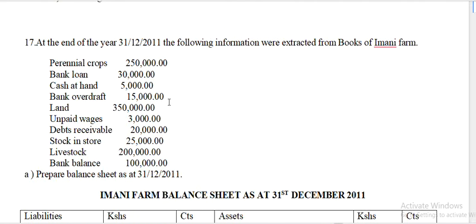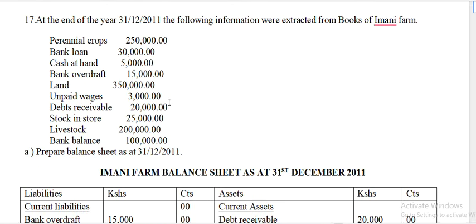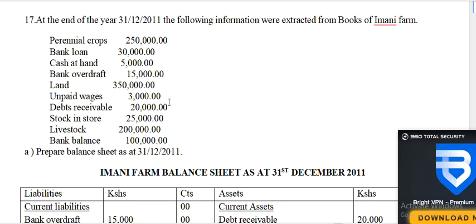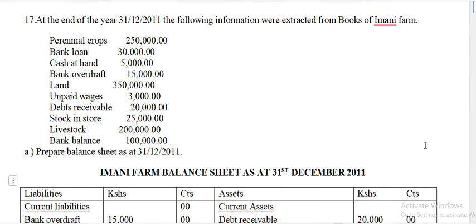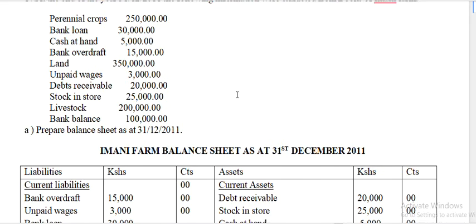Question 17. At the end of the year, 31st of the 12th month, 2011, the following information was extracted from books of Imani Farm. Perennial crops, 250,000. Bank loan, 30,000. Cash at hand, 5,000.